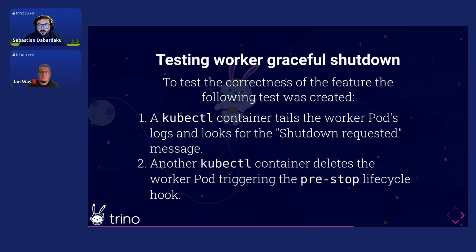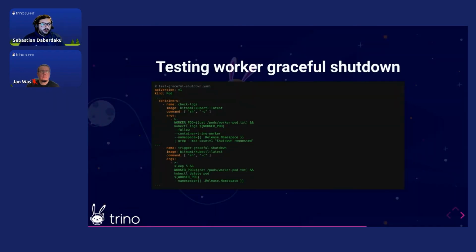To test worker graceful shutdown, as Jan mentioned earlier, I wrote a test. This basically does two things. One kubectl container tails one of the workers' logs and looks for the shutdown request message. And another kubectl container deletes that same pod, triggering the pre-stop lifecycle hook. And this is an extract of the pod.